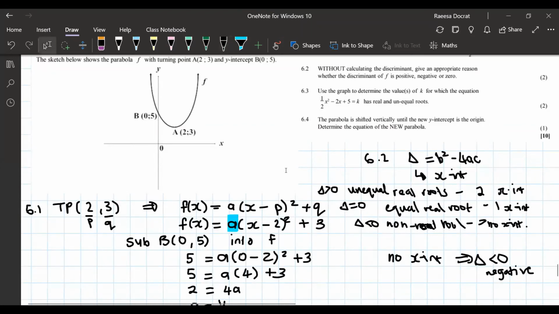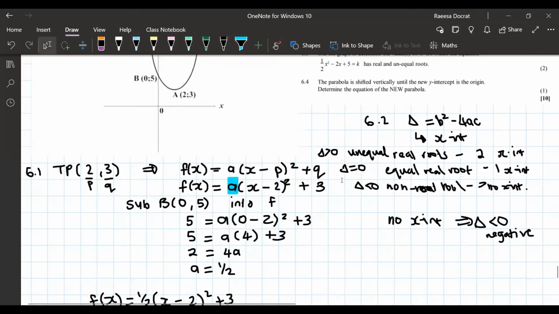Okay. So then the next question says, use the equation to determine the values of k for which the graph has real and unequal roots. So if we set it equal to k and take that over, we have a half x squared minus 2x plus 5 minus k, and we want it to have two x-intercepts.